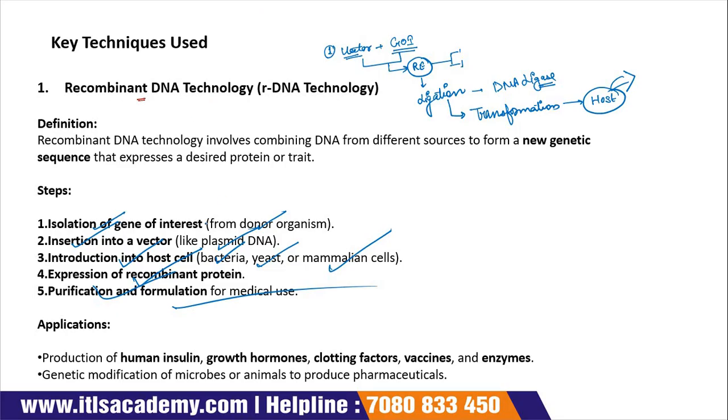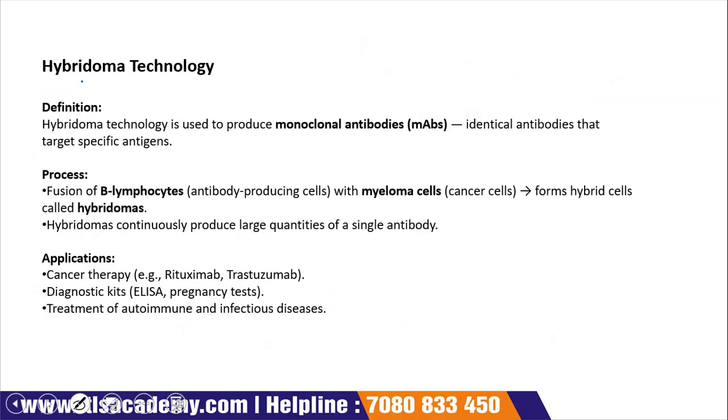Okay. With the help of this technology, we produce human insulin, growth hormones, clotting factors, vaccines, and enzymes. And this is very important. Okay. Next is hybridoma technology. What is hybridoma technology?